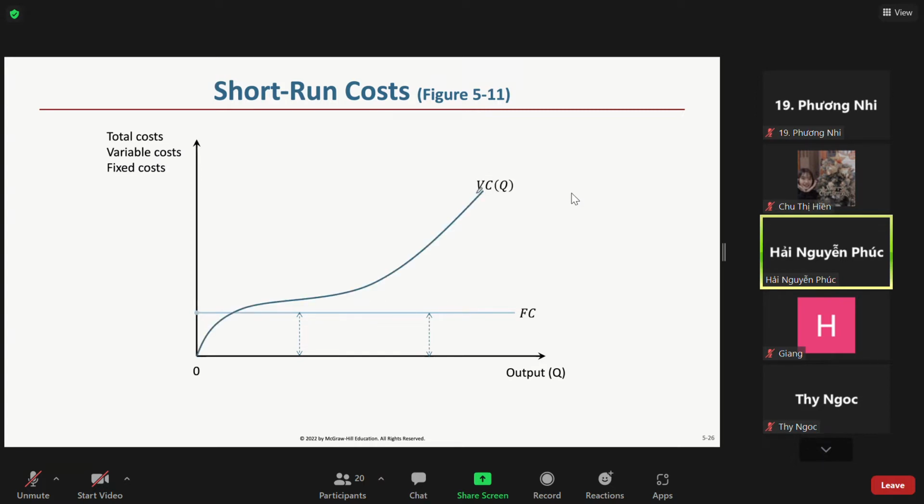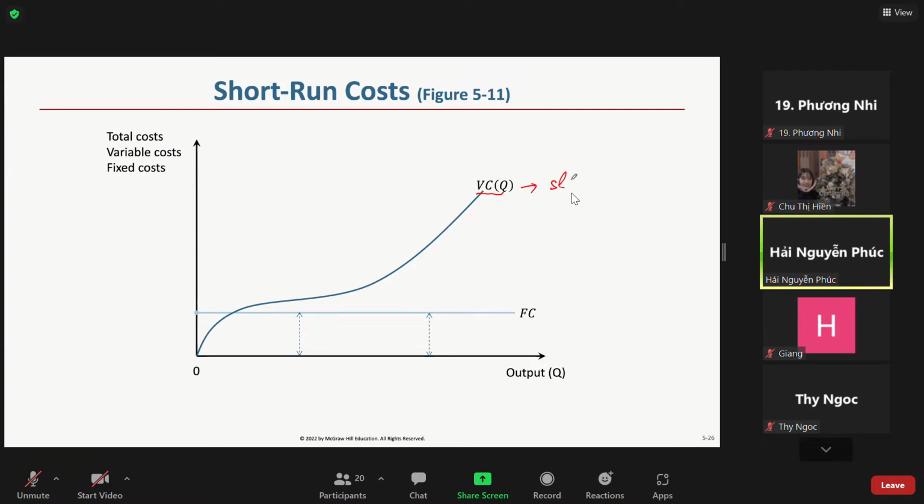Here is the variable cost curve. And you can see that we assume that it is upward sloping, and it means that when the output increases, the variable cost increases. Yeah, but pay attention to the following fact.